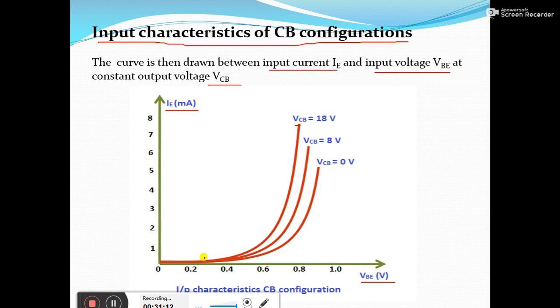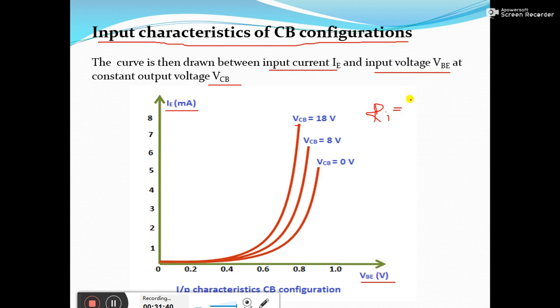While writing a note on input characteristics, you have to explain a few points with respect to these characteristic curves. The very first one is to define the input resistance, Ri. Resistance, from Ohm's law, is V by I, voltage divided by current.